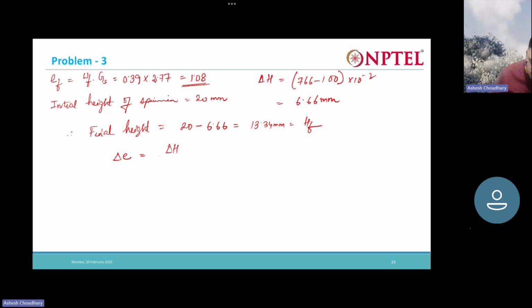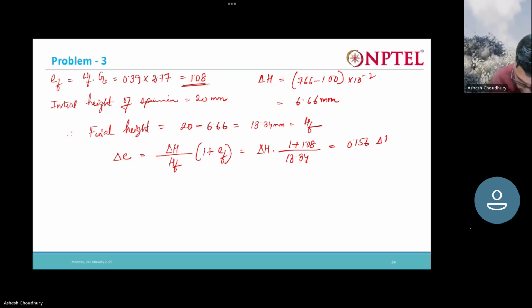Delta H by H final, height by 1 plus e final, equal to delta H times 1.08 by 13.34, which is equal to 0.156 times delta H. This is my change in void ratio, and this delta H is in mm.